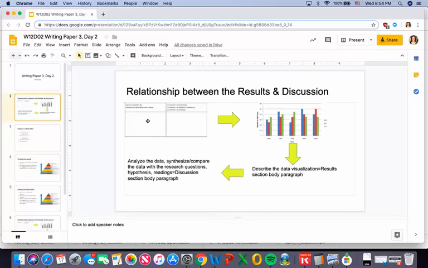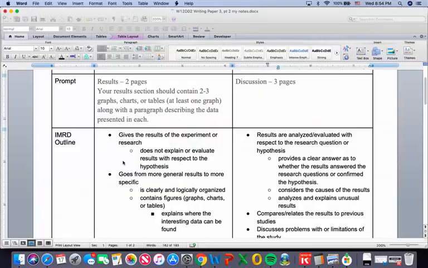We're going from this information right here from the paper, from the exercise on Tuesday in class. We're going to use that to make a graph, and then we're going to write about that graph and what's in that graph. And then we're going to take what we've written about that graph and analyze it and discuss it a little bit more. So that lines up with what we have written down so far.